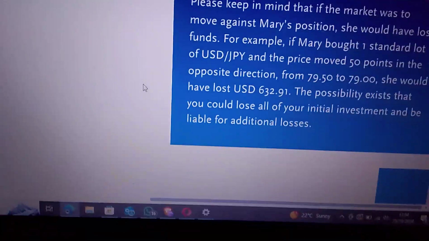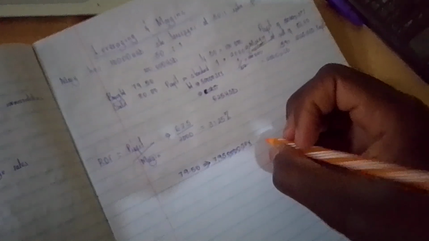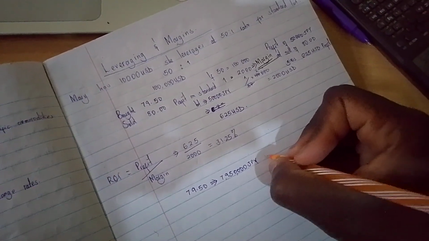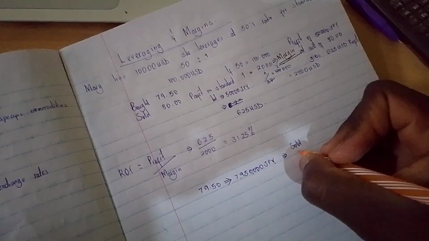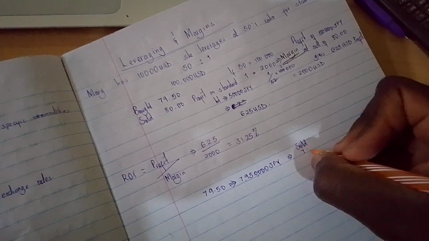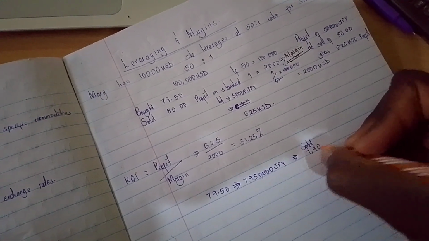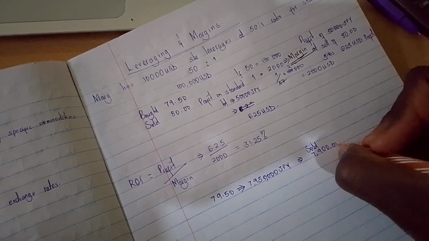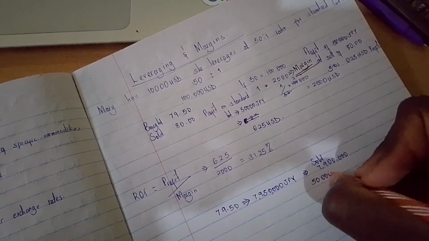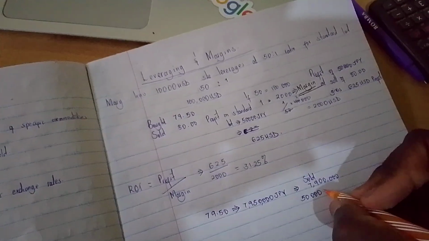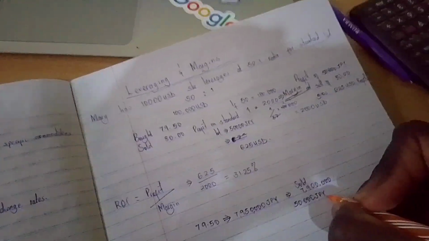Then if it moved 50 points down in the opposite direction, that means that she would have sold it at 7.9 million, making a loss of 50,000 JPY.